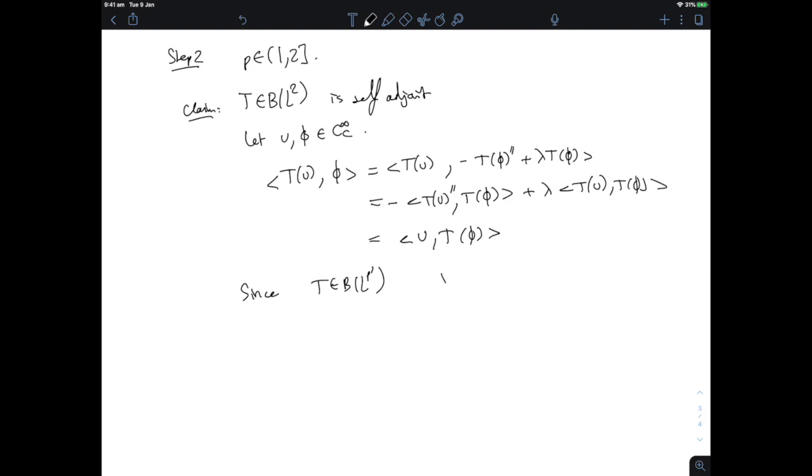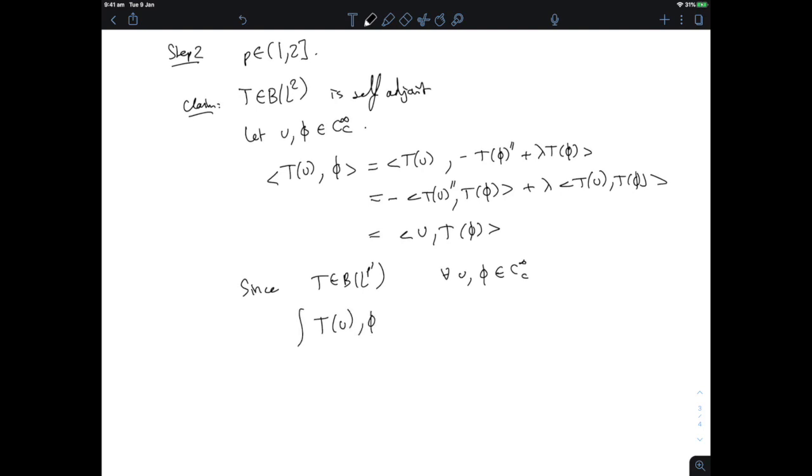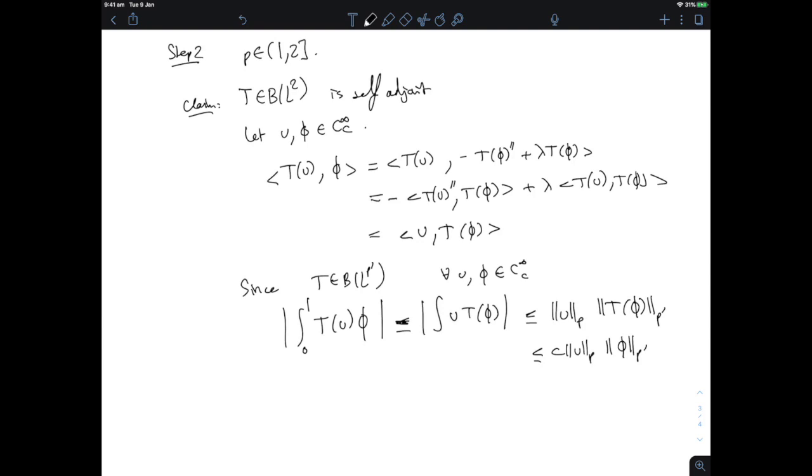That is to say that for every u and phi both C infinity compactly supported, we have that the absolute value of the integral of Tu times phi is equal to the absolute value of the integral of u times T phi, and then you can apply Hölder to that and control that by the Lp norm of u times the Lp prime norm of T phi, and we know that this is controlled by a constant times the Lp prime norm of phi, the constant being the norm of T as a bounded linear map on Lp prime.